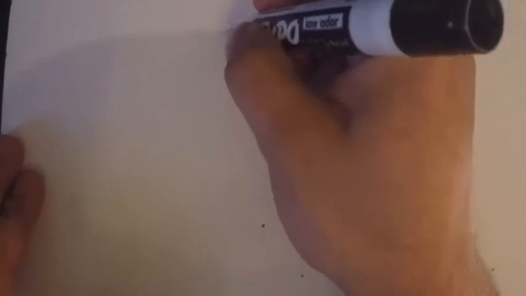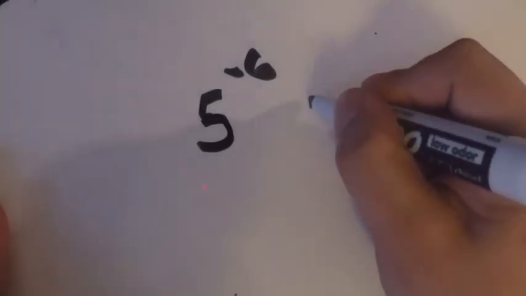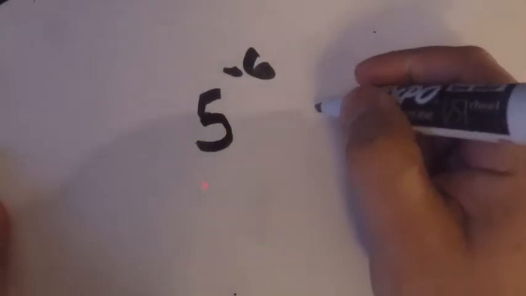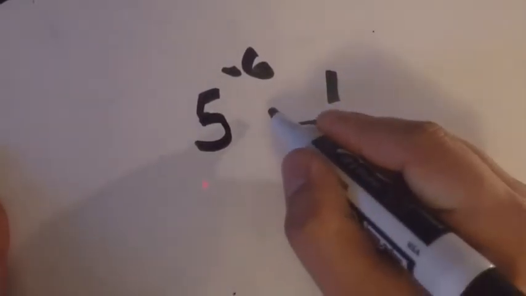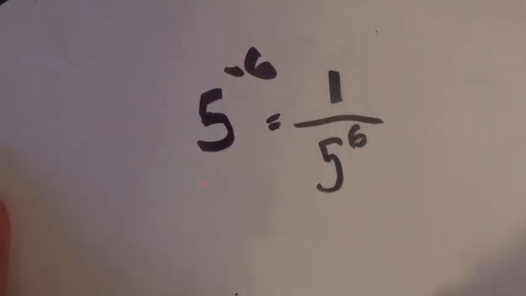If we took any example here, let's say 5 to the negative 6. If we wanted to rewrite this with positive exponents, we would simply put 1, so this is equal to 1 over 5 to the positive 6.